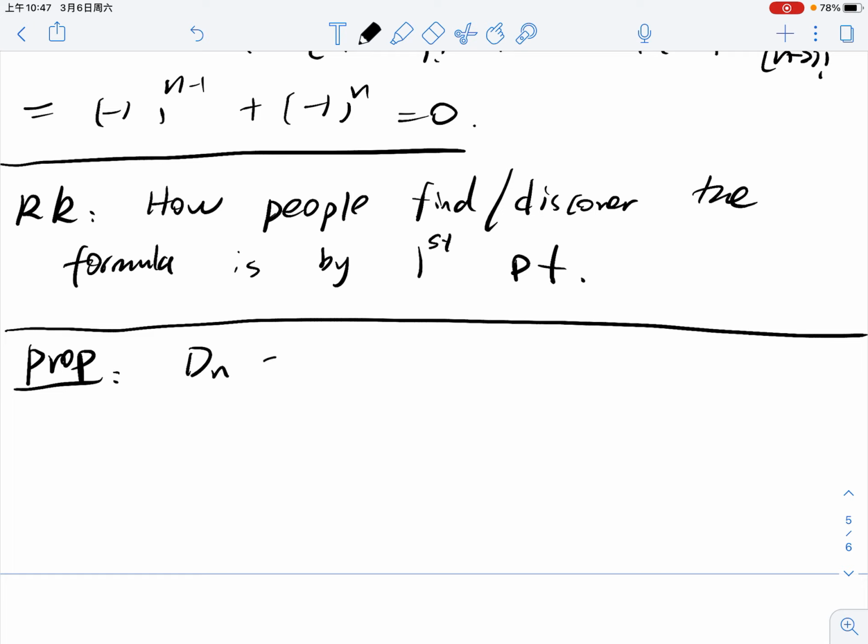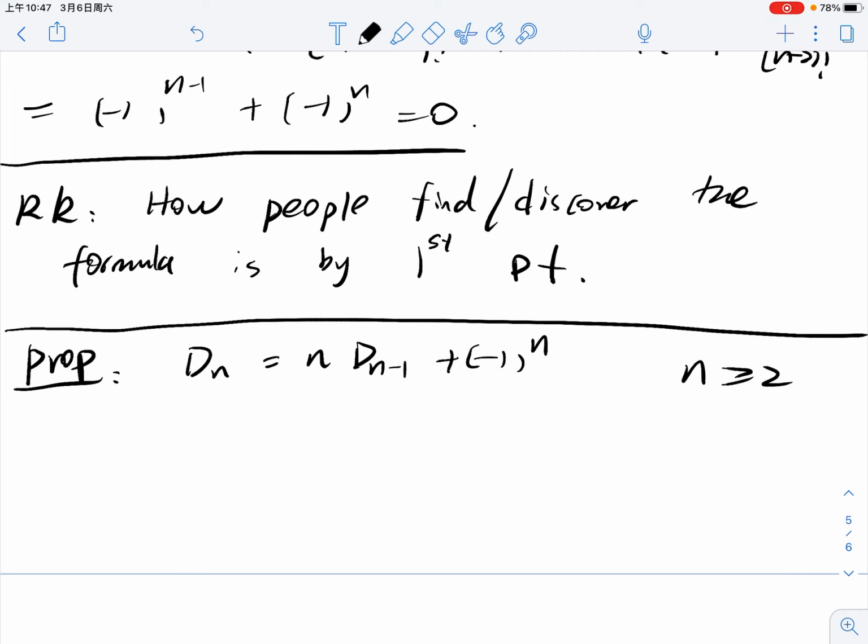So here, for Dn, from that formula, you can abstract another relation, an induction relation. That's Dn equals n times Dn minus 1 plus minus 1 to the n's power, for n greater than or equal to 2.